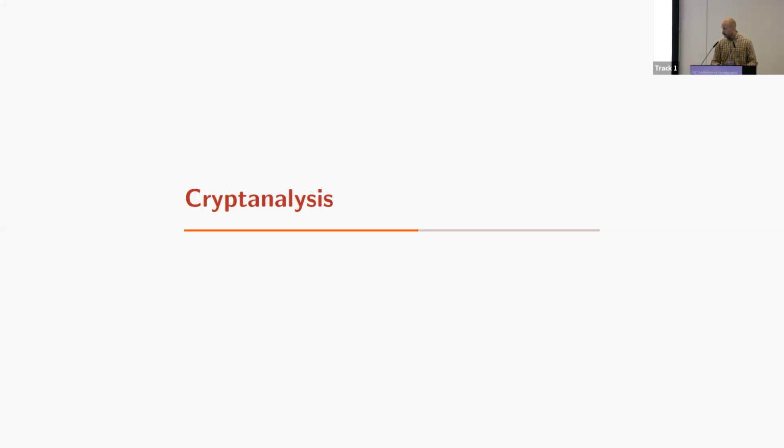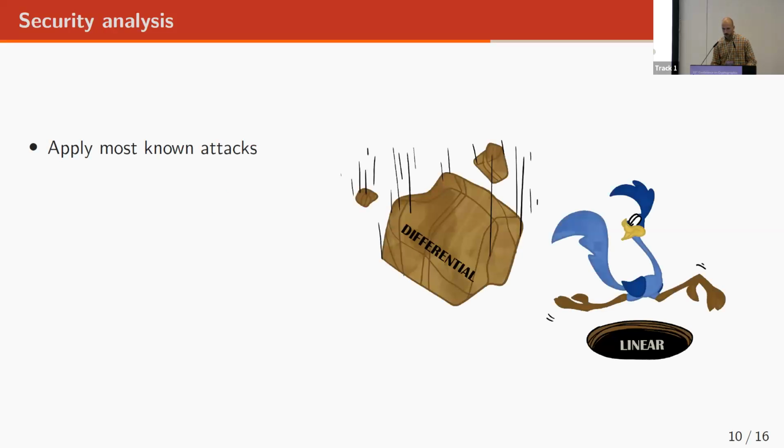Then, once we have that design, of course, we need to cryptanalyze it to assure its security. So first, we applied the most known attacks, differential and linear. We searched for trails among those. The very specific size of this cipher, which is 24-bit for the plaintext and 30-bit for the tweak, means that you can apply some attacks that are not normally possible if you have a 64-bit state or even bigger.